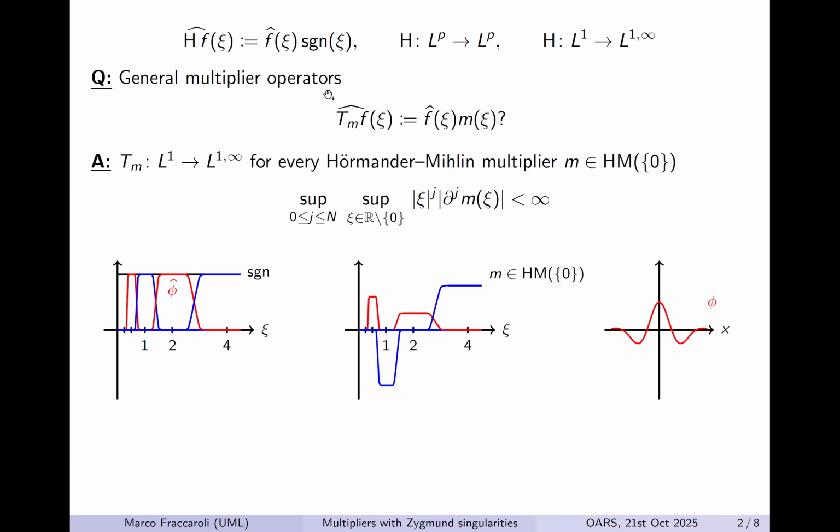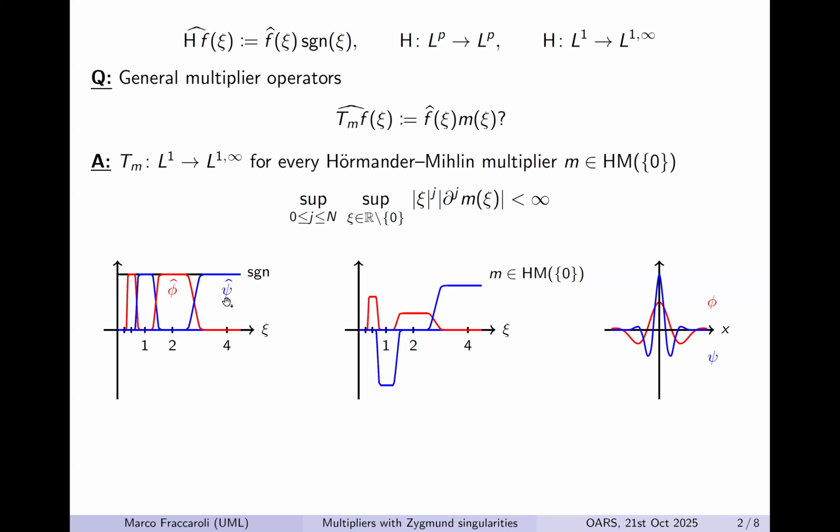And the same estimates hold true for these Hörmander-Mihlin multipliers. Basically, a way to see it is that these smooth bumps that we use to create the Hörmander-Mihlin multiplier, if we think of them as a Fourier transform and we look back at the function phi, the function phi is going to be a cancellative bump. Of course, there is a relation between the scale of phi hat and the scale of phi.